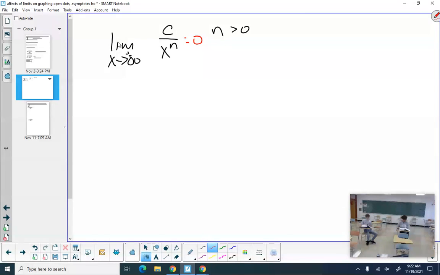Number 19, we have square root of t. The limit as t approaches infinity of square root of t, because this t is approaching infinity, plus t squared over 2t minus t squared.